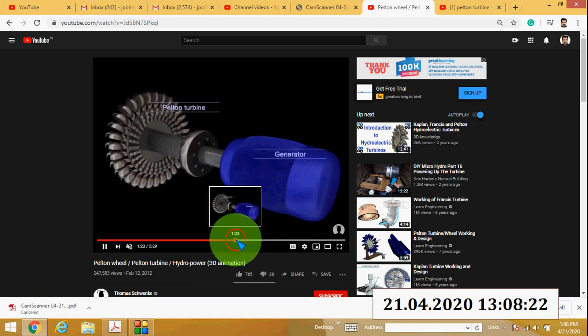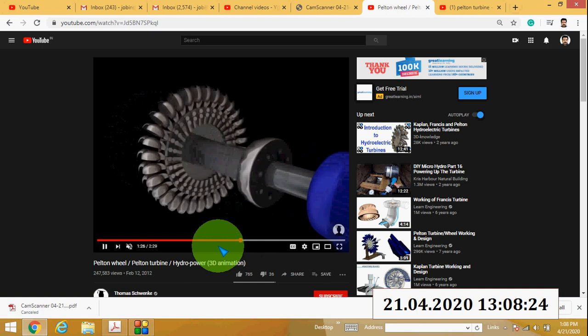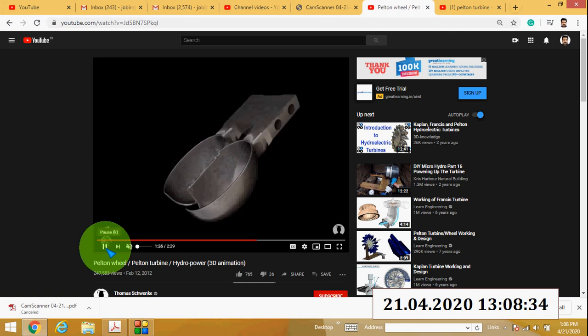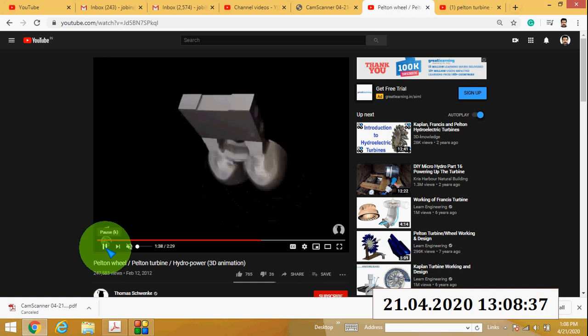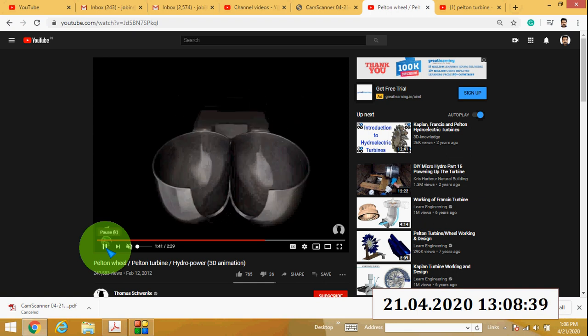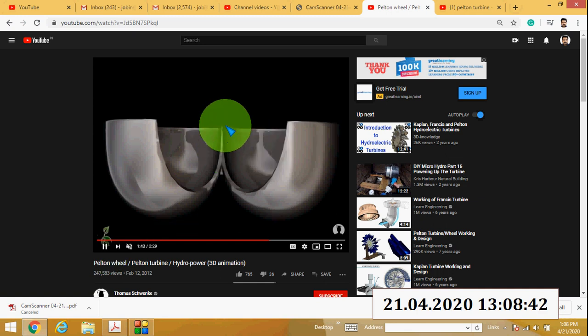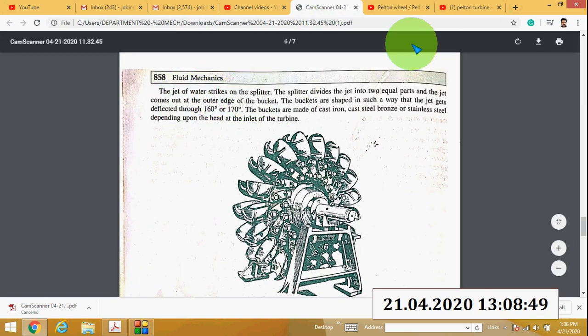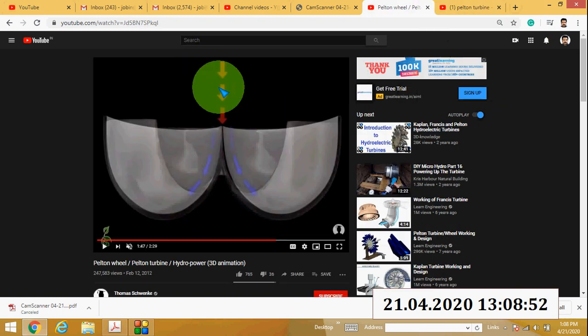This is the bucket, a double hemispherical cup or bowl, and this is called the splitter. You can see the jet of water strikes the splitter. This arrow is the jet of water that strikes the splitter.